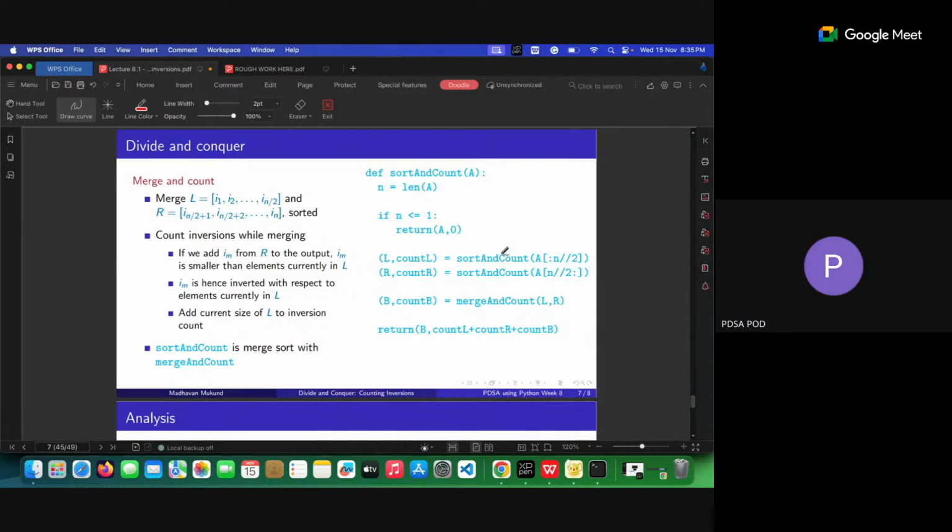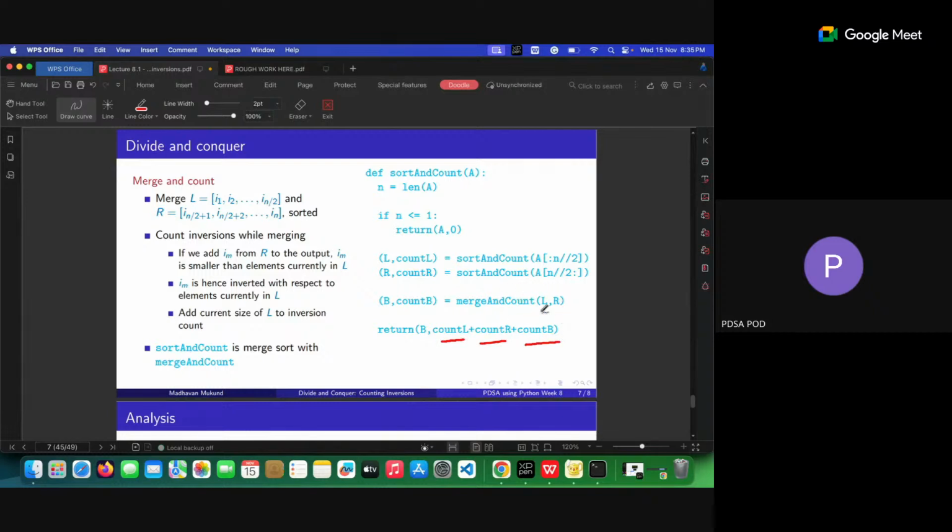The first half we already got into left, the second half into right, and along with them we get the counts.